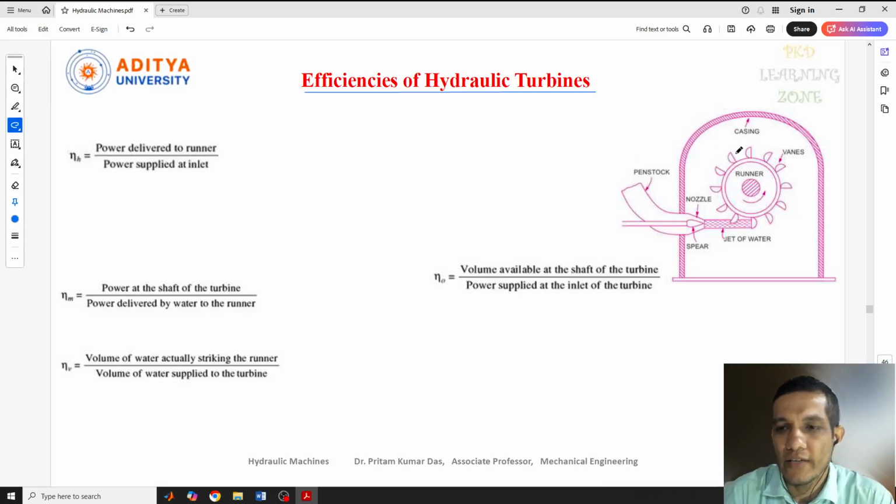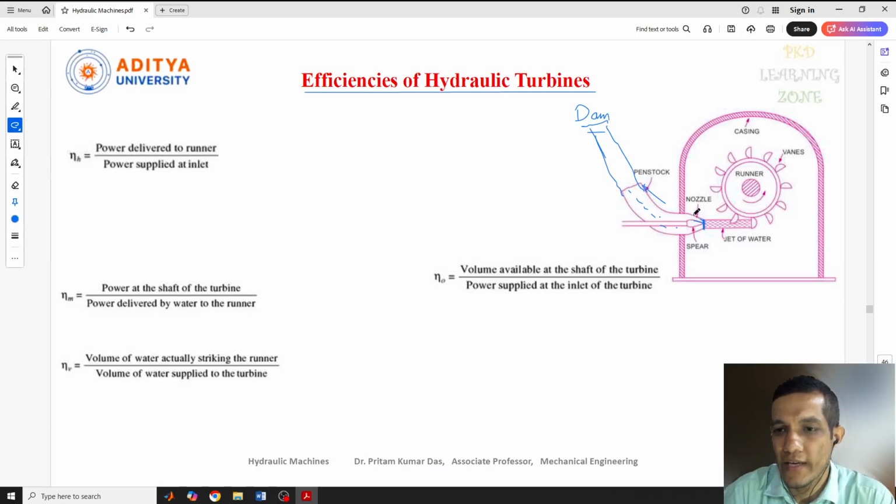This is one of the turbines, actually called a Pelton turbine. I have taken a snapshot of that. Here we have a dam, and from this dam the water comes out through a penstock, a long pipe, and flows through it and strikes here.